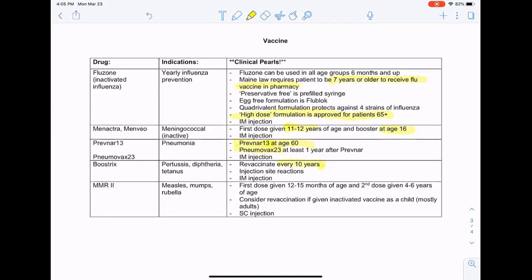And so they were encouraging those who were older to get revaccinated, especially if they were given an inactivated vaccine as a child. So some adults, if they were vaccinated, I believe, don't quote me on this, it was sometime in the 80s. Dr. Toy, do you know exactly when they were given inactive vaccines versus the live vaccines? Do you know off the top of your head? Maybe not.